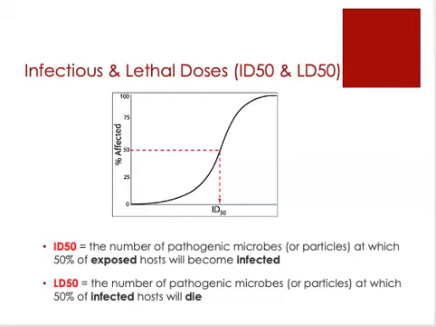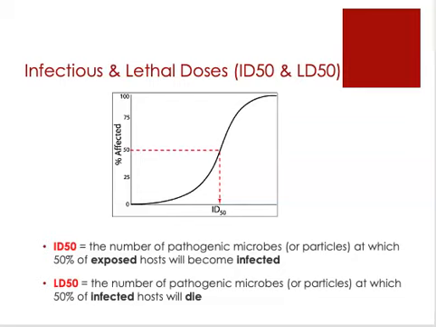For example, an organism like Mycobacterium tuberculosis, which is a type of bacteria that causes the disease known as tuberculosis, has an ID50 of 10. You need 10 individual bacterial cells to infect 50% of the individuals that get exposed.